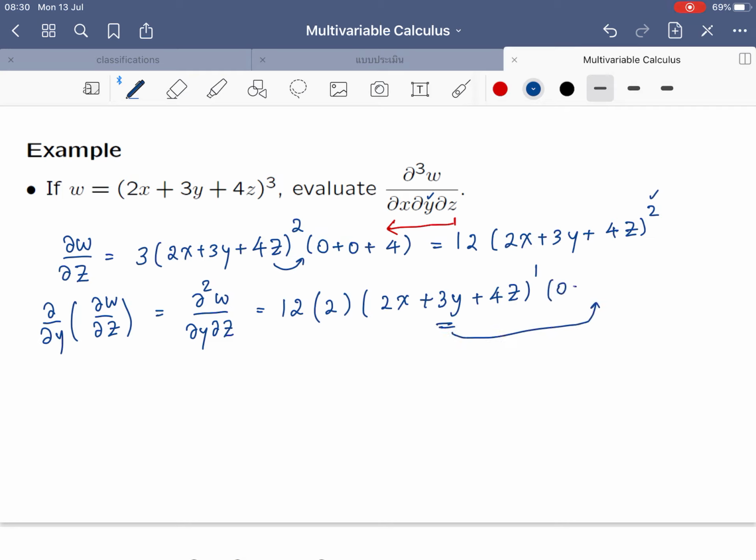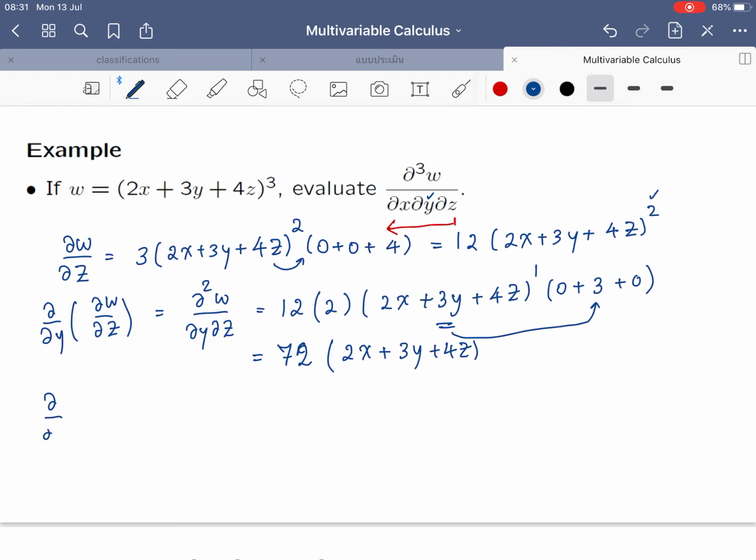The first one is a constant, the second one, 3y, gives 3, and the last one is also a constant. So you have 12 times 6, which is 72, times (2x plus 3y plus 4z).